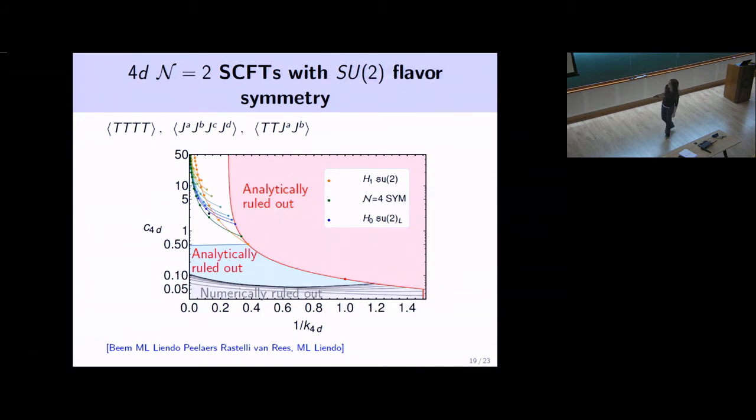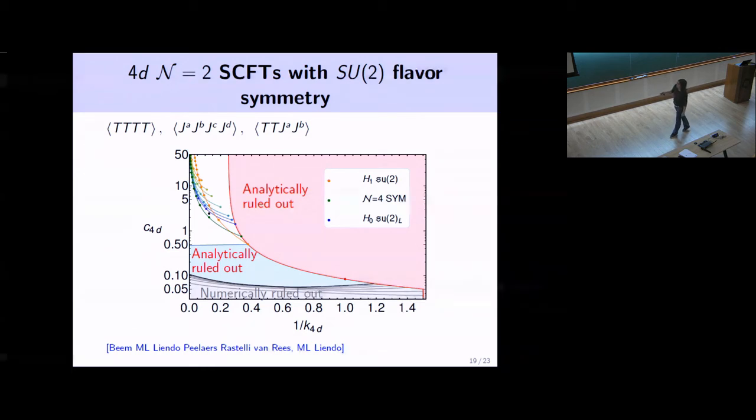There was nothing here. And demanding unitarity of the OPE coefficients you can read off from these things, you actually find that all these regions are analytically excluded. So you understand why there are all these empty spaces. And then you see that some theories actually live at special points in these intersections. And Pedro will say a few more words about these.